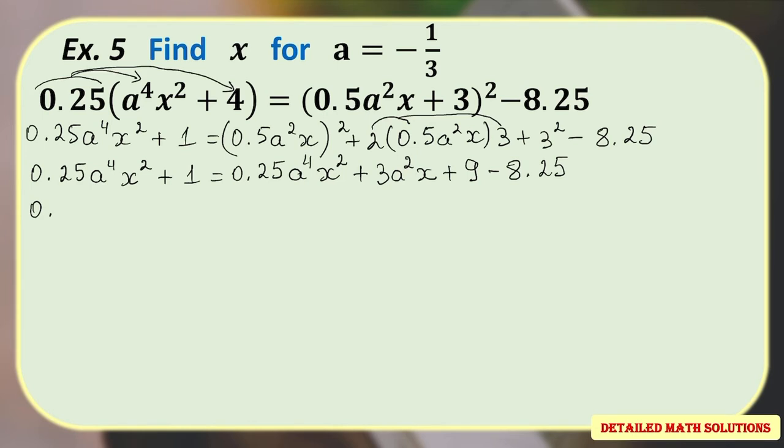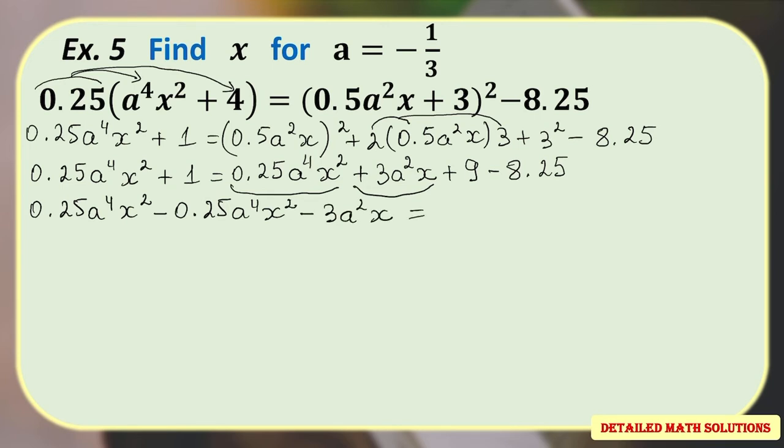And this equation becomes 0.25 a to the 4th x squared, which I'm simply rewriting, and when I transfer 0.25 a to the 4th power x squared, it becomes minus 0.25 a to the 4th x squared. And then I need to transfer 3a squared x, which becomes minus 3a squared x.